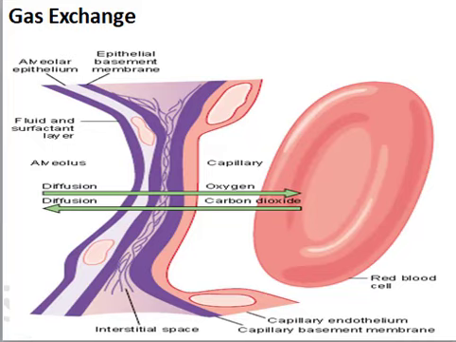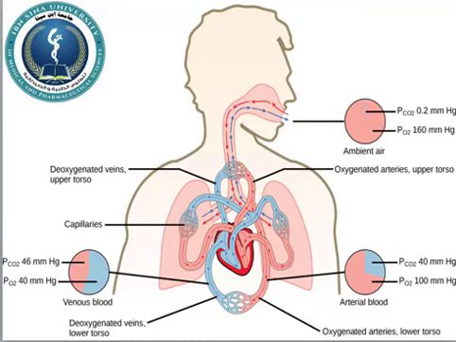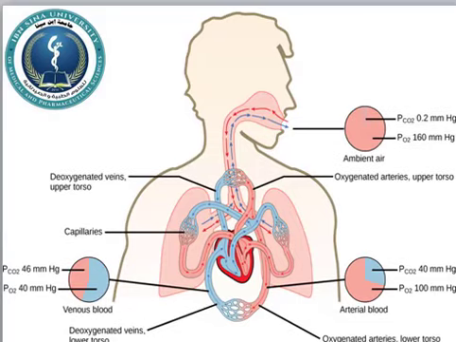We now discuss the gas exchange of the gases, firstly in the lung, and then how these gases are transported to other parts of the tissue. We start with oxygen. As we said, gas exchange depends on the pressure or the concentration.